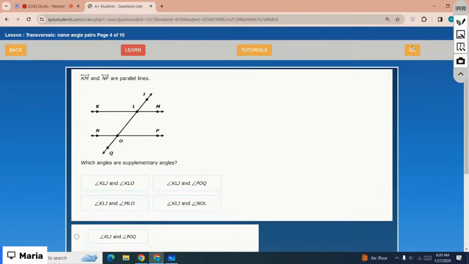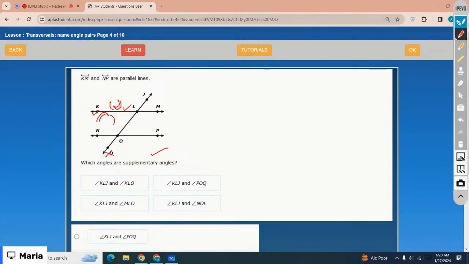KM and NP are parallel lines. Which angles are the supplementary angles? Supplementary angles are the ones whose sum is 180 degrees, right? Let's see. KLJ and KLO. Yes, that is the supplementary angle. This complete angle makes 180.